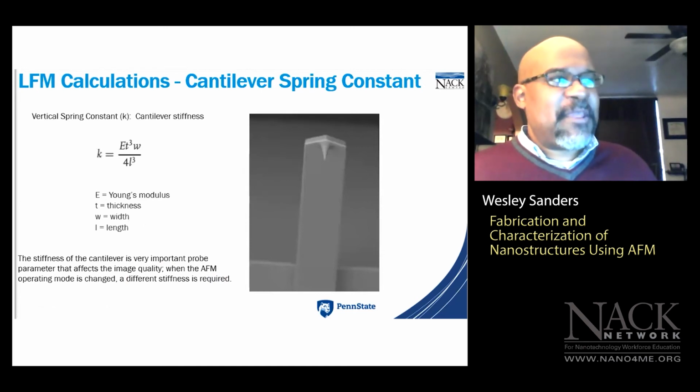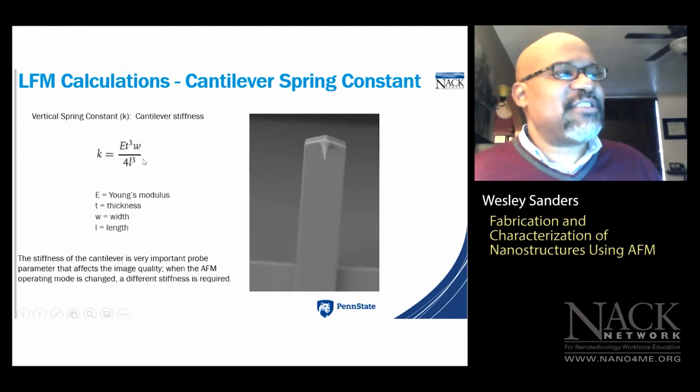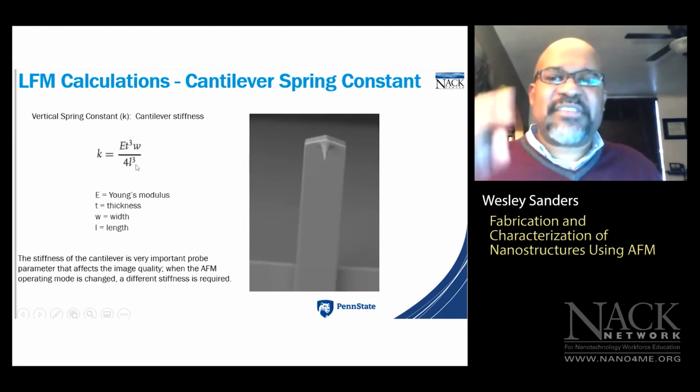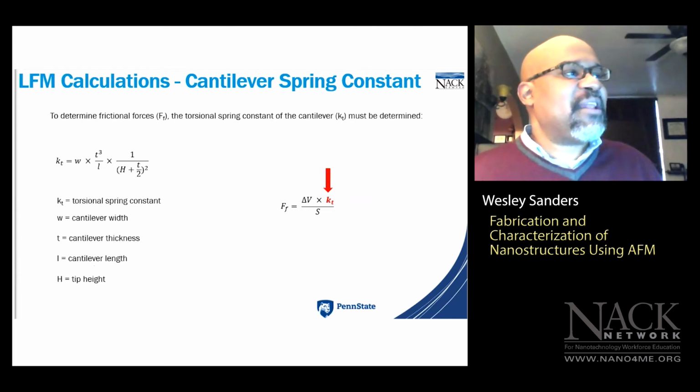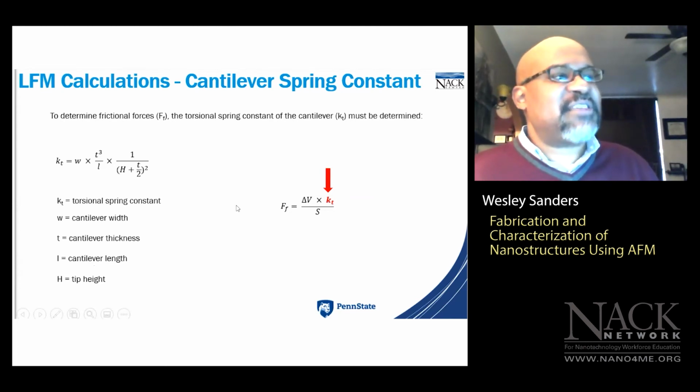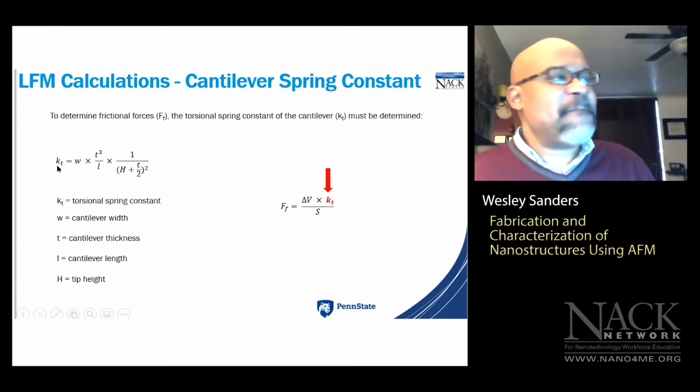So normally, during standard AFM topography imaging, we simply concern ourselves with one spring constant, the vertical spring constant, because that's going to tell us how much our cantilever is going to bend as the tip traces the sample surface. But in lateral force microscopy, since frictional forces are a big deal, we have to take into consideration the torsional spring constant, the KT value, okay?